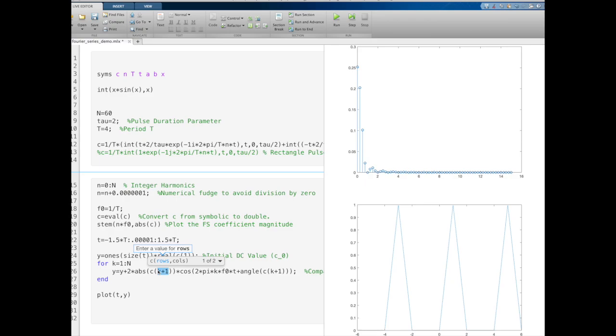If MATLAB could start at 0, I wouldn't have to do this. But I have all the Fourier series coefficients offset by 1. So for example, mathematically the C0 is actually the Matlab variable C1. So I have to add this k plus 1 term in everywhere.